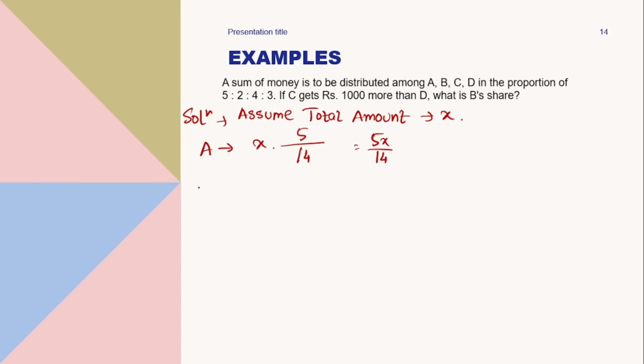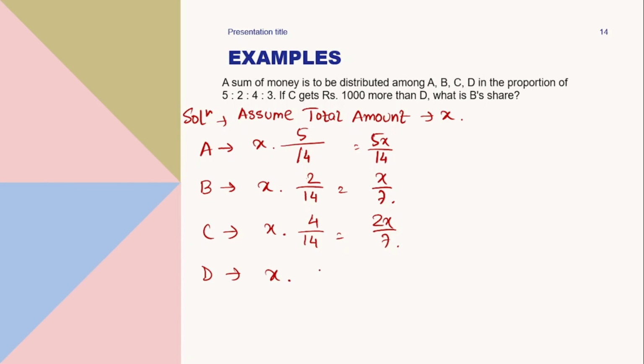B's share will be x into 2 by 14, that is x by 7 rupees. C's share will be x into 4 by 14, that is 2x by 7, and D's share is x into 3 by 14, that is 3x by 14.